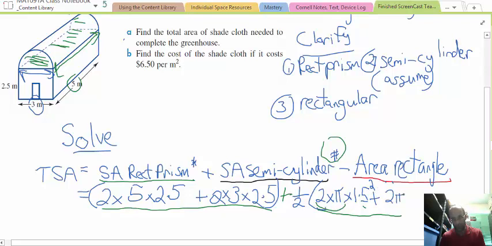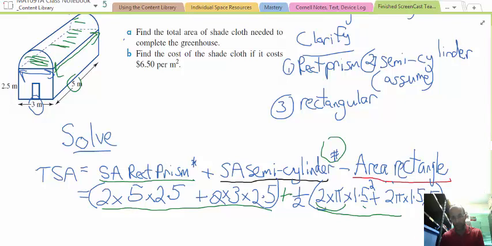So 2 times pi times r, remember, is 1.5. Now we times it by the h, which is 5 meters. Alright, so remember 2 pi r squared is the two circles and 2 pi r h is the tube bit which can open up to become a rectangle. You might remember that from our previous work.